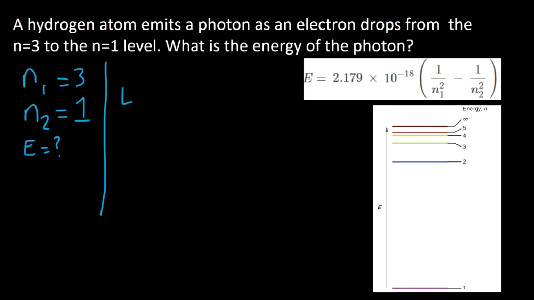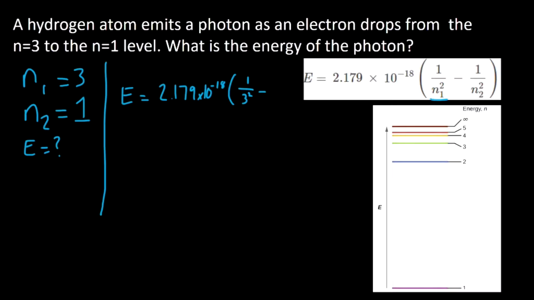We'll have energy equals 2.179 times 10 to the minus 18. And then we're going to have our open parentheses, 1 over, I'm just copying down this equation now, and I'm going to plug in n1 into this first n here. So n1 is 3, and we know we square that.